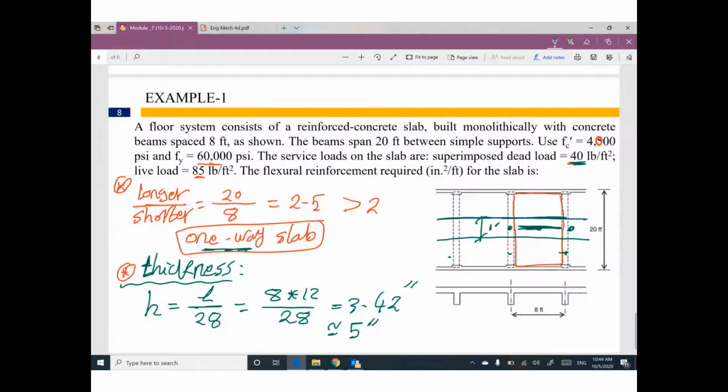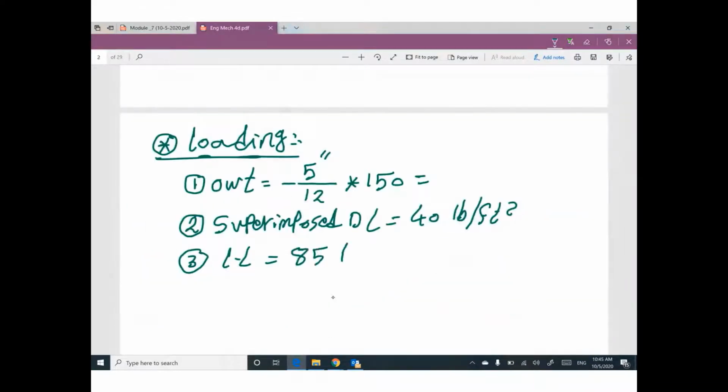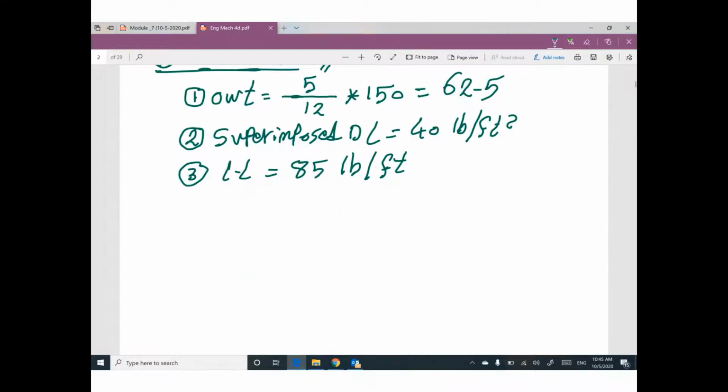It's given 85. So we need to figure out the own weight. It will be 5 divided by 12 times 150 equals 62.5. So guys, we need to figure out W ultimate, which equals 1.2 dead load plus 1.6 live load.